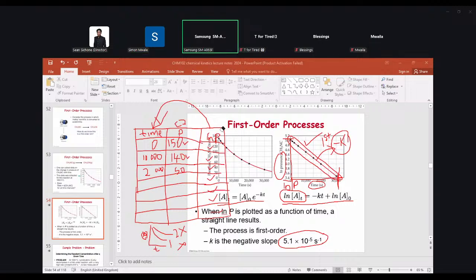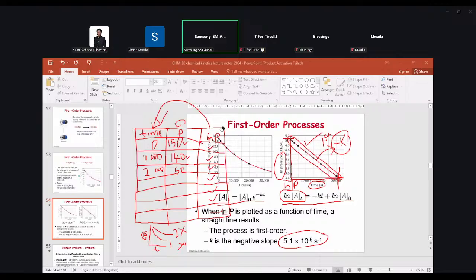Yes, Samsung. I can ask? Yes, go ahead. Like this graph, if we had this one for the curve, what is this curve for?